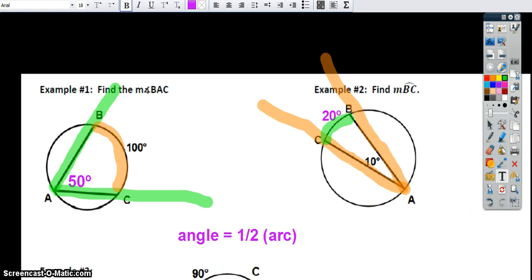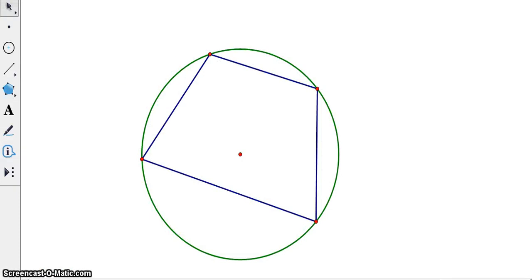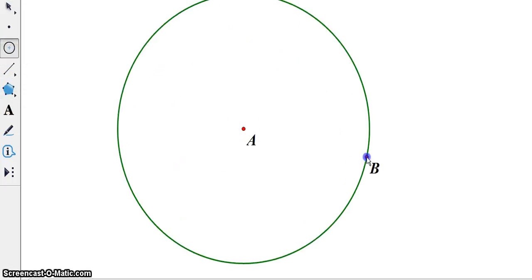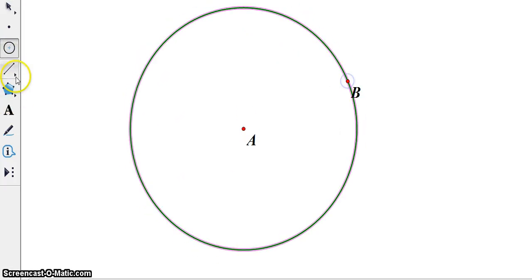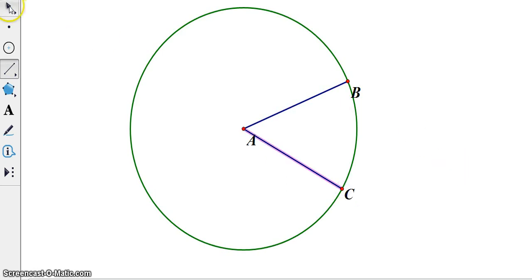Okay, let me just show you something in terms of remembering which is the bigger one. Let's look at Geometry Sketchpad. I opened this for something else, so File, New. Okay, here's a circle. That is a what kind of angle? BAC. It's a central angle because A, its vertex, is at the center of the circle.